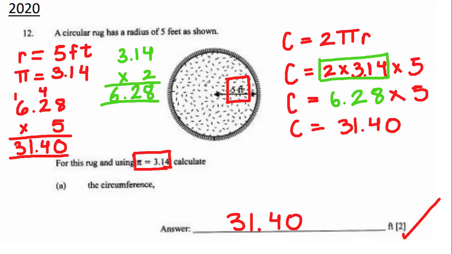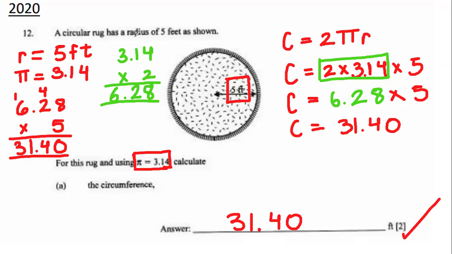So quick recap. When I say the perimeter of a circle, what is that equal to? The circumference, very good. Can someone tell me the difference between the radius and the diameter? The radius is half of the diameter. Which one is larger? The diameter. Which one is smaller? The radius.